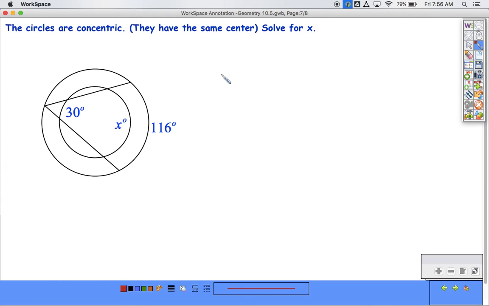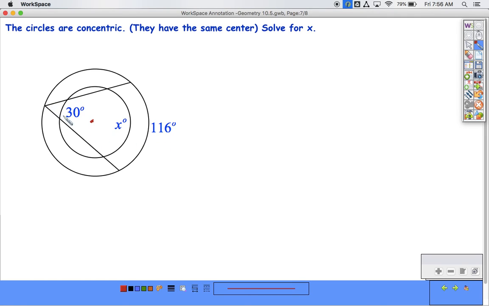All right, a little bit of a challenge problem. It says the circles are concentric, and that means they have the same center, so you can imagine they both have a center here. You're supposed to solve for x. That might be a little confusing because if you're looking for an outside angle, well, we're not given any. There is one here.